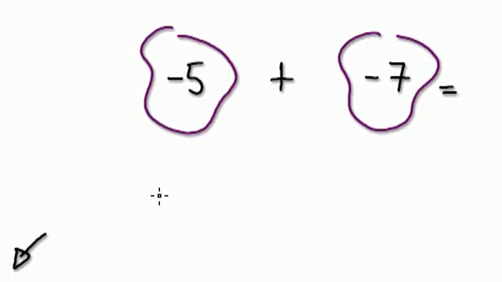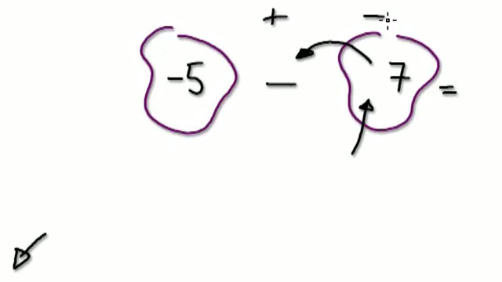Press pause and have a go. I always get confused with this minus being in this bubble, so I'm just going to take it out, because the minus is more powerful than the plus, so it will override it basically. So I take the minus out, and it becomes this.